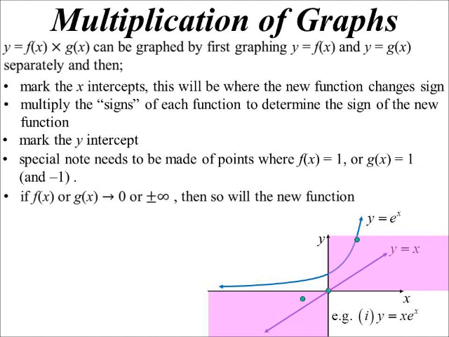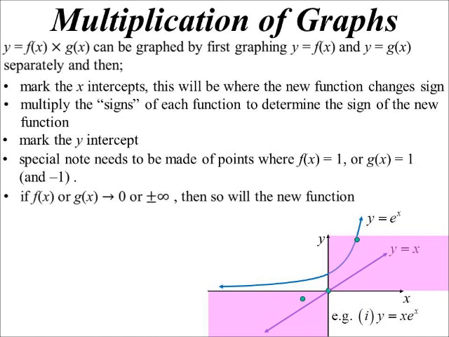0 times infinity? This is where an idea called dominance comes in. Which of those two functions will dominate? And the one that dominates is the one that gets steepest or shallowest the quickest. So have a look at the two graphs. Which one is getting steeper or shallower the quickest?